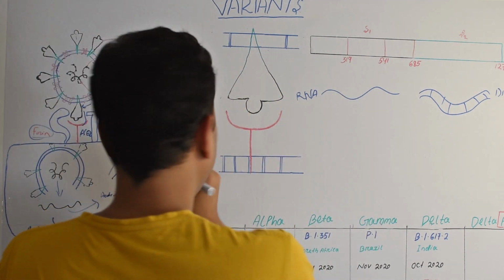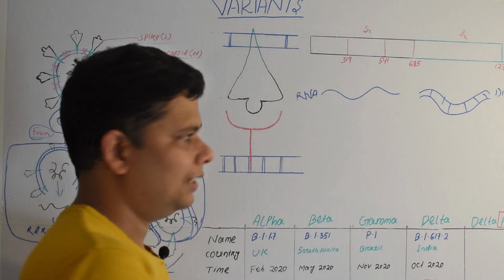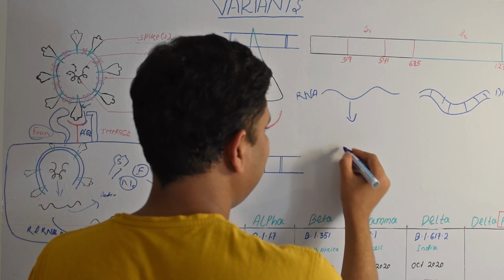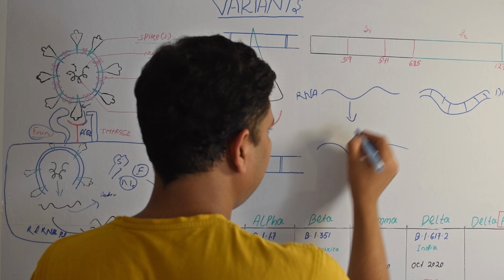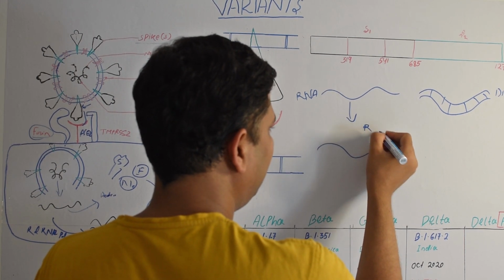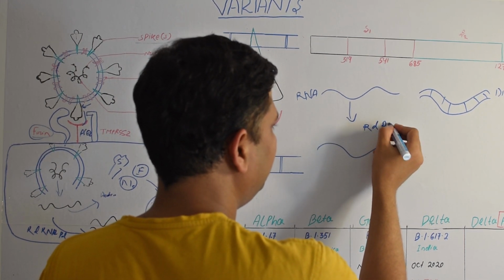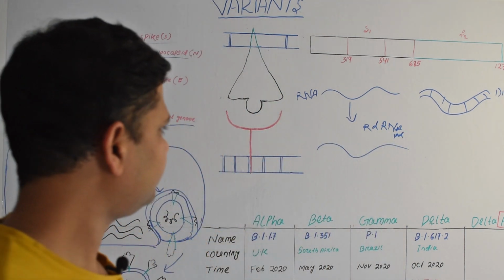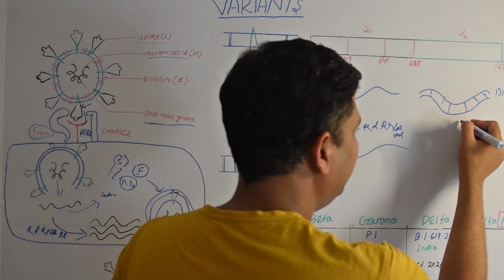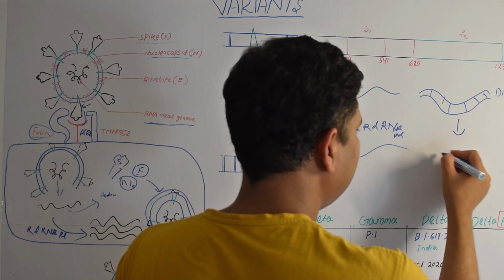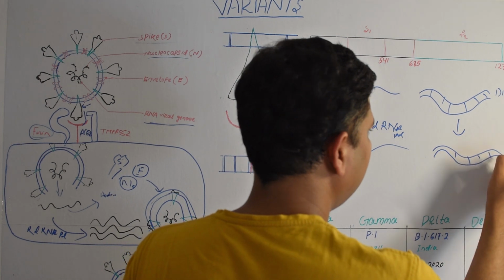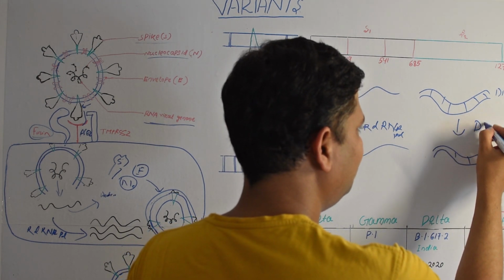In the coronavirus case, RNA makes new RNA through RNA dependent RNA polymerase. But in our case, it is DNA, and DNA replication is done by DNA polymerase.